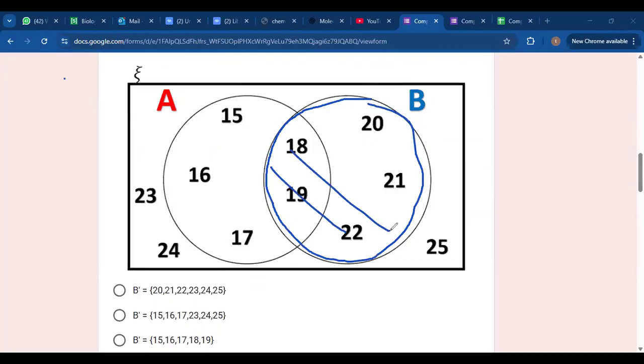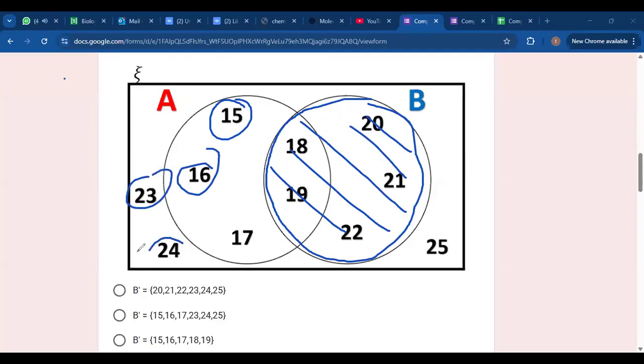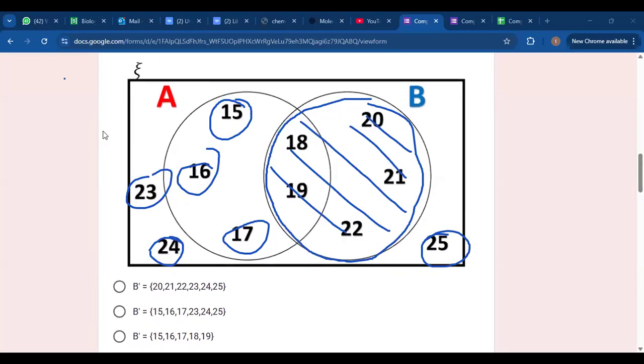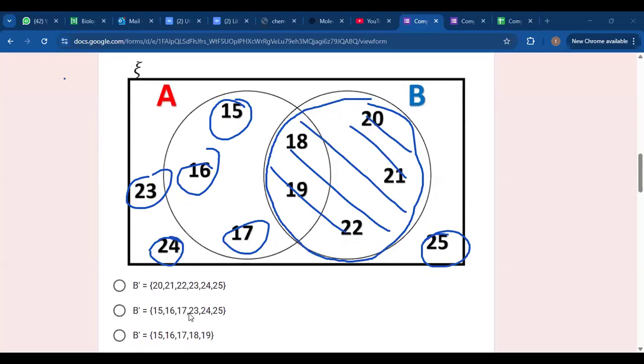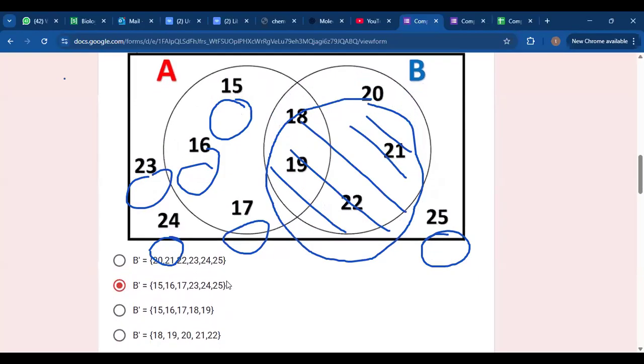So what should we include? 15, 16, 23, 24, 17, and 25. So that's what we should include: 15, 16, 17, 23, 24, 25. That's the second one.